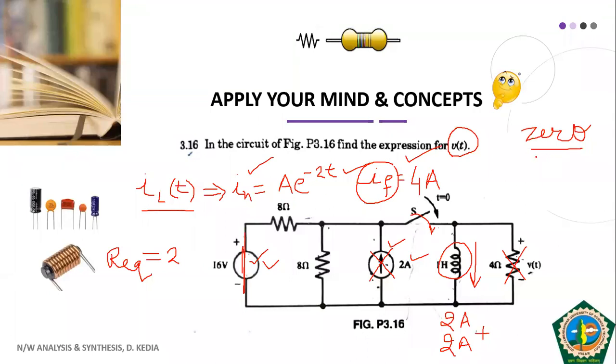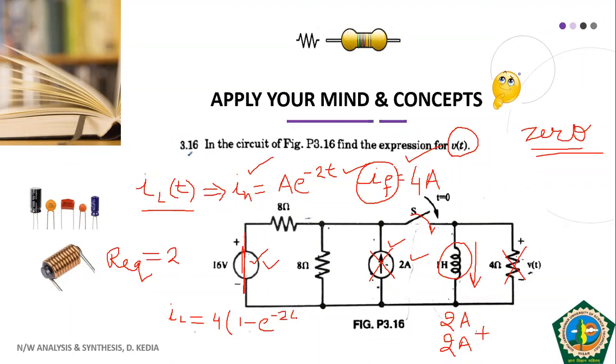And we know that initial conditions are 0. So if you do that, this will come out to be A plus 4 equal to 0. That means A will come out to be minus 4. So as a result, your ILT comes out to be 4 common, and inside we have 1 minus e raised to power minus 2t.